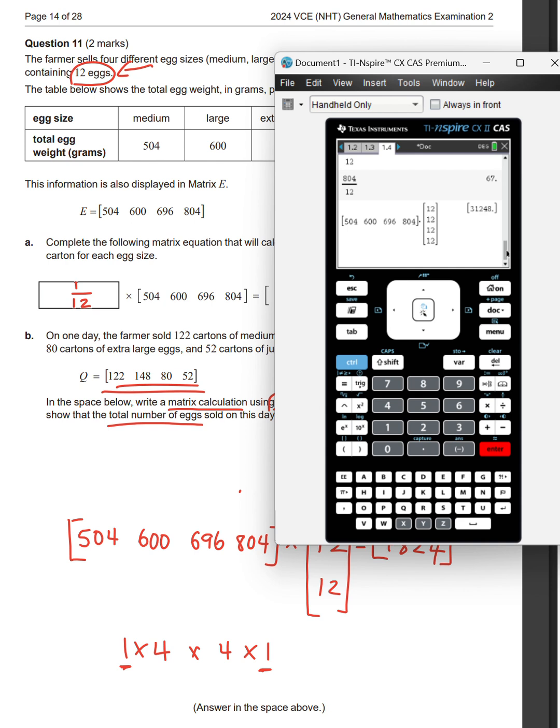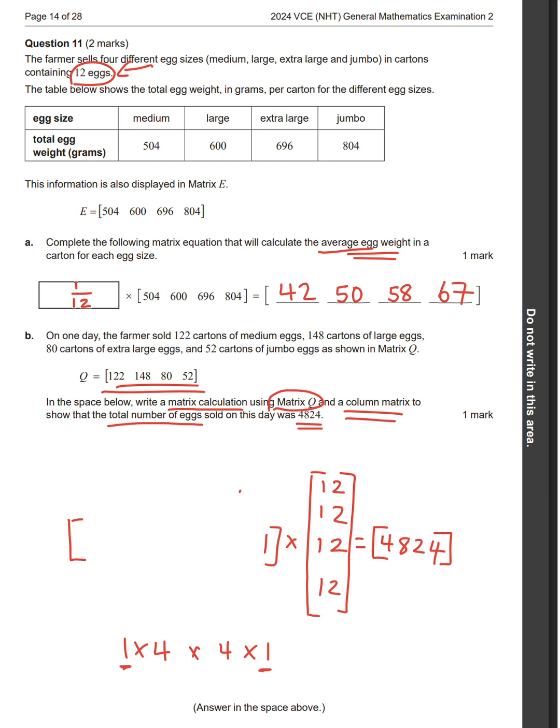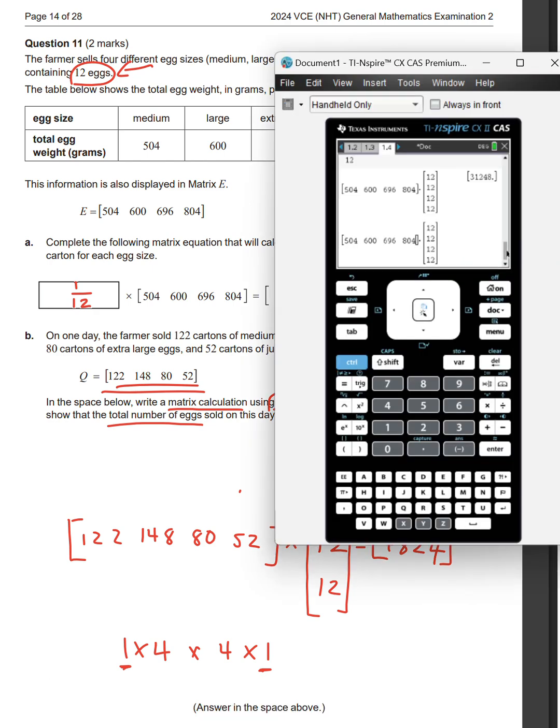That's because I used the wrong matrix in the first place. Whoopsies. But this is why we check. So this is not the matrix that we need to use. In fact, we need to use 122, 148, 80, and 52. Okay, let's try that again.